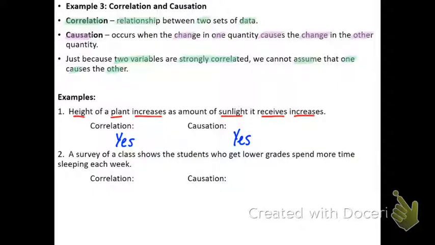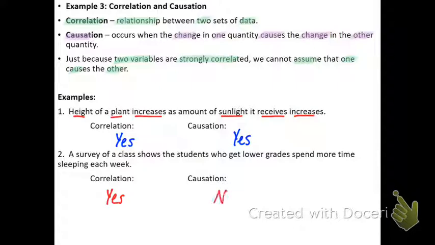The next one, a survey of a class shows a student who gets lower grades spends more time sleeping each week. Correlation? Yeah, it could be a correlation that people who spend more time sleeping get lower grades. And then causation. Does sleeping more cause students to get lower grades?